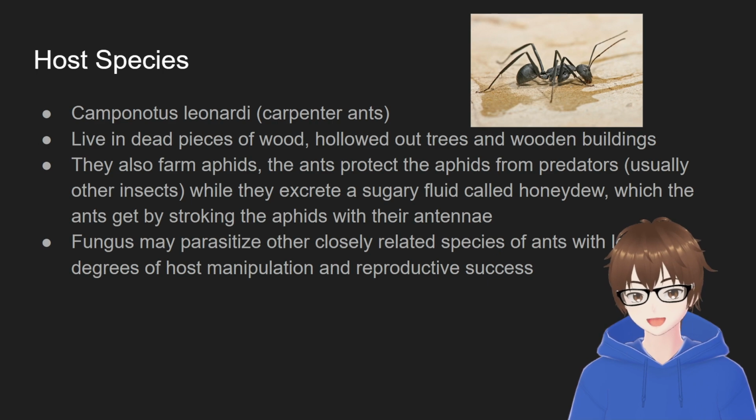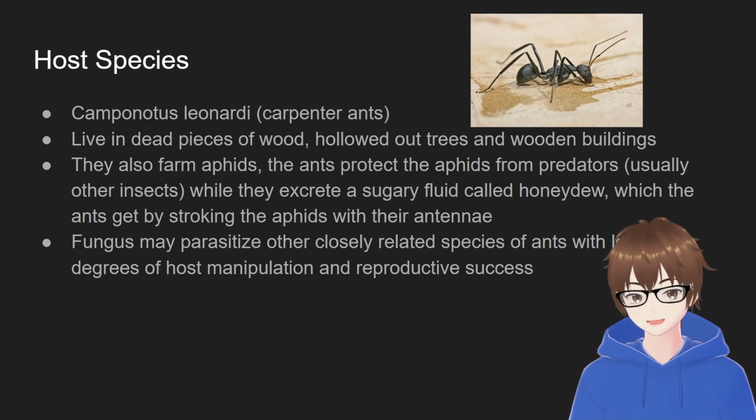And also, another little fun thing that carpenter ants do is they farm, okay? And what do they farm? It's not like a fungi like leafcutter ants. It's not like actual plants. It's aphids. So if you don't know what an aphid is, it's little bugs that like to go on the stems or leaves of plants, and then they drink the fluid from the leaf.